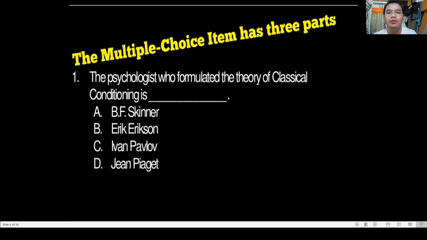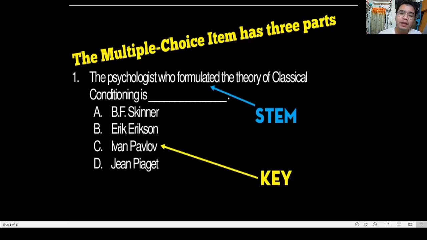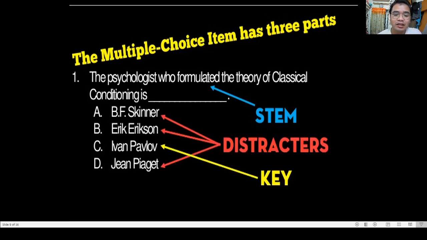Okay, so the multiple choice item has three main parts. Now, what are these? We call this part the stem. We always refer to this as the question or the statement or the phrase, that is what we call the stem in general. Yung mga pinagpipilian naman o yung tamang sagot, yun yung tinatawag nating key answer. At yung mga pinagpipilian, we call that distractor.